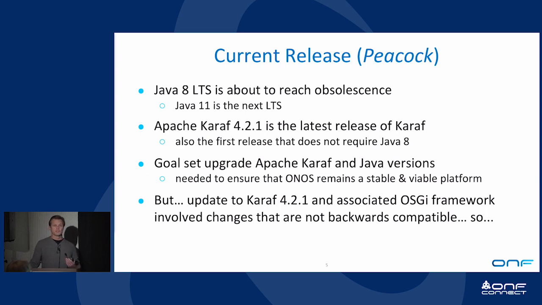So we plan to upgrade to that, and associated with that, we also had to upgrade the Apache Karaf underlying ONOS, because prior to 4.2.1, which was also released in September, we wouldn't have been able to do that. Karaf didn't support that.